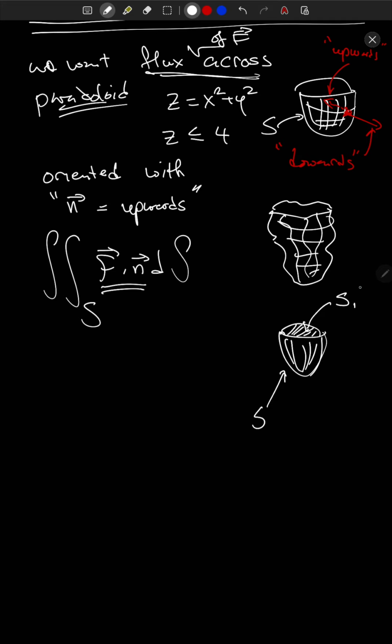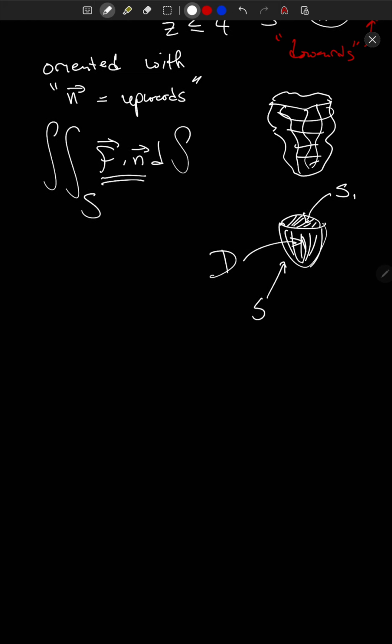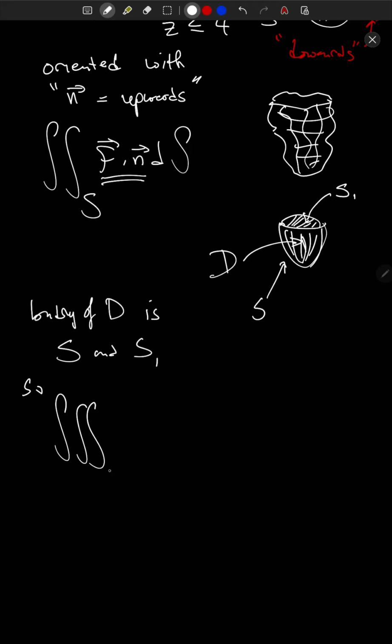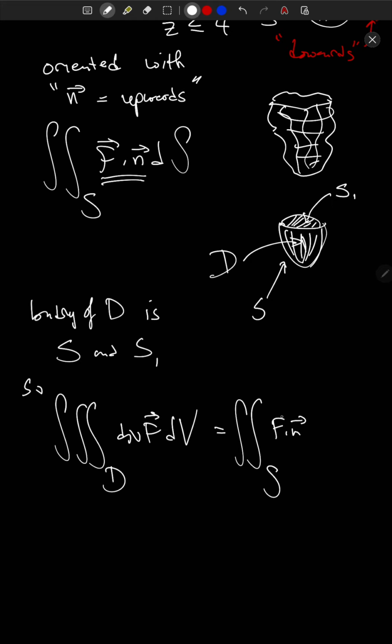Now this guy here encloses a region, so now I can say the region D. Now this phrase makes sense, the region D, right? The boundary of D is S and S1, right? So the triple integral over D of divergence F dV is equal to the double integral over the boundary of F dot n dS.